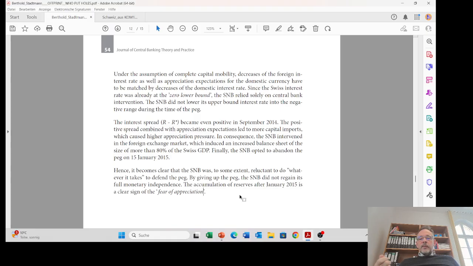By giving up the peg, the Swiss National Bank did not get back its full monetary independence because afterwards, after January 2015, the Swiss National Bank still intervened, which is a clear sign of a fear of appreciation.